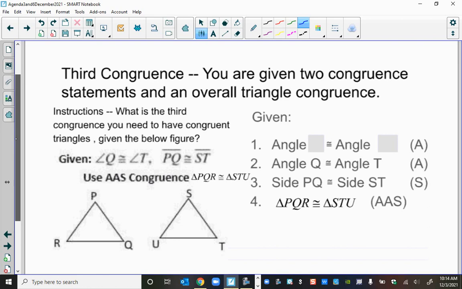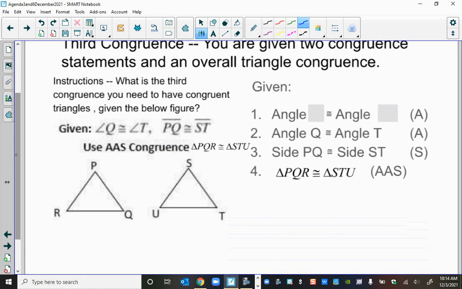Okay, we need angle side now. So what's given to us first? Who could tell us what information was given to us first? Look over here. What's given to us first, ladies and gentlemen? What two angles are congruent to each other?